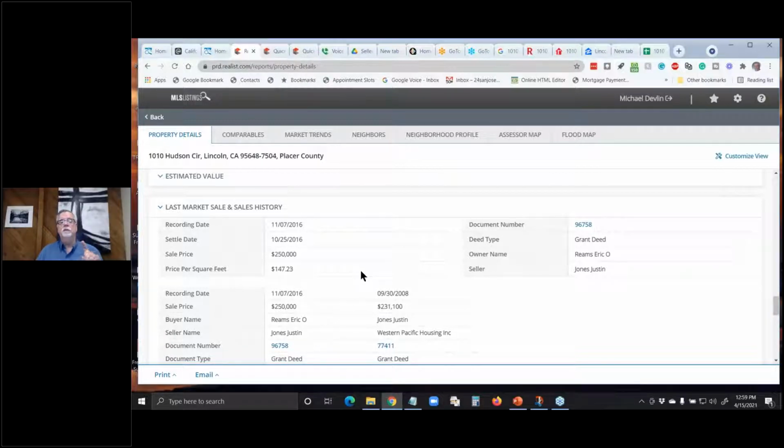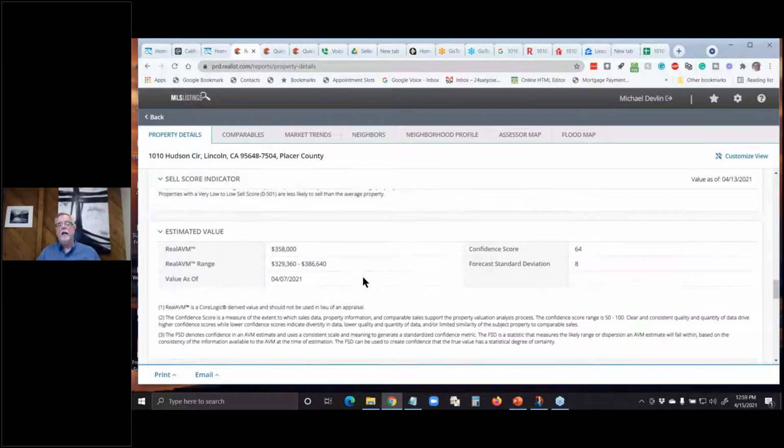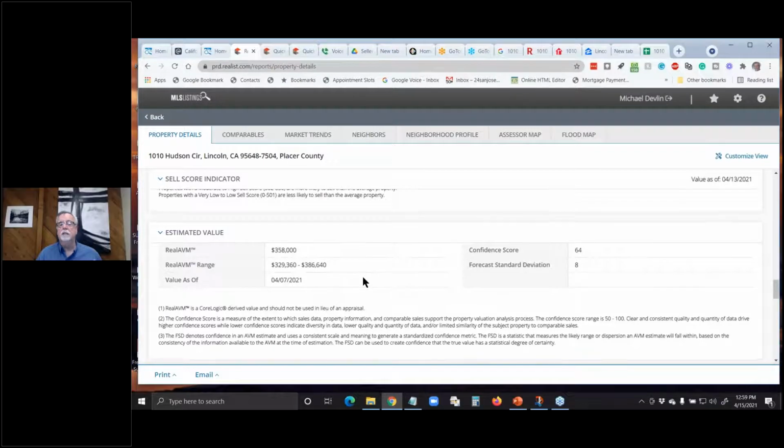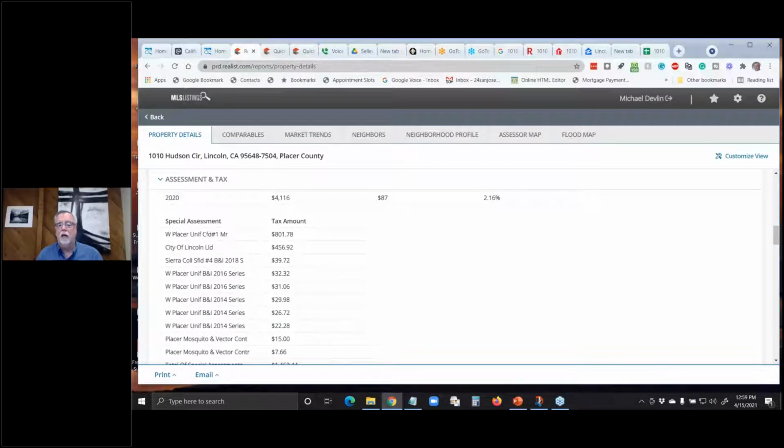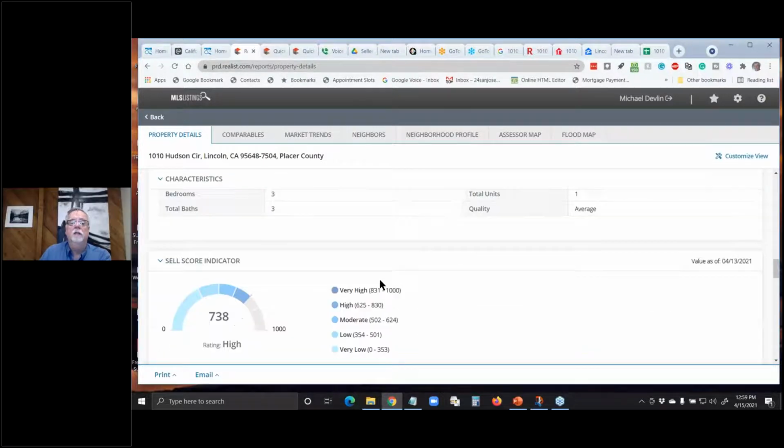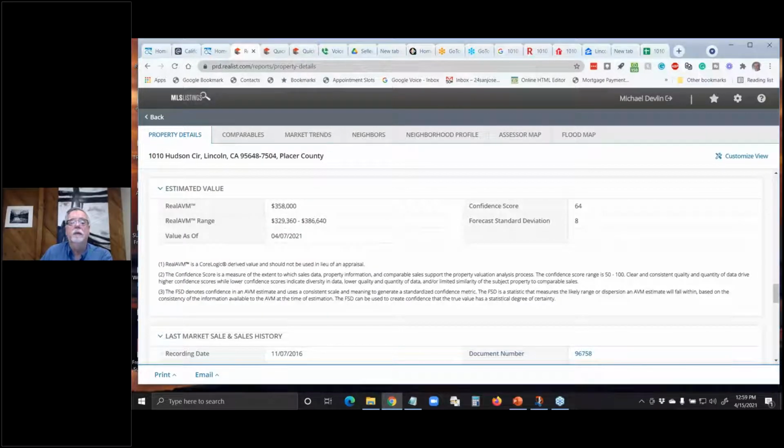The difference between Realist and what the MLS just did is that this looks at things that just transferred title, whether or not they were on the MLS. I might print it out, but notice they're giving us a range.